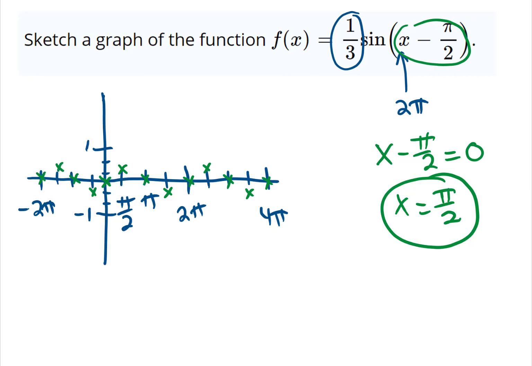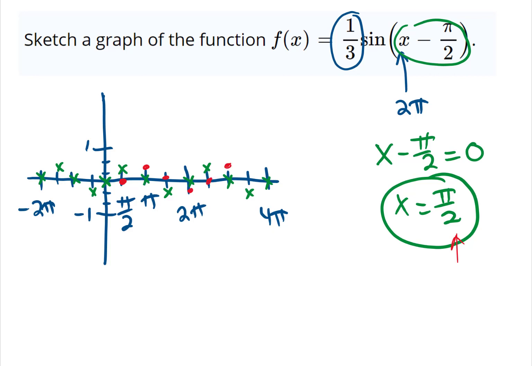Now I'm going to apply the phase shift to all of these points, so everything needs to be moved to the right by pi halves, and that's just one tick mark. So this x is going to slide here to the right, this one's going to slide to the right, each point is going to slide to the right, one tick mark.